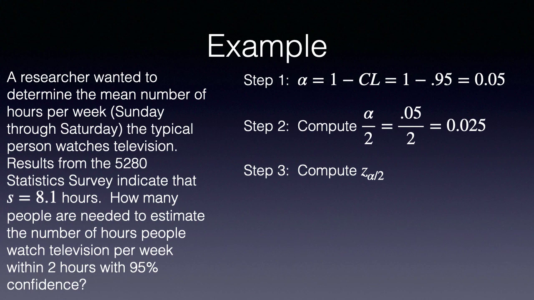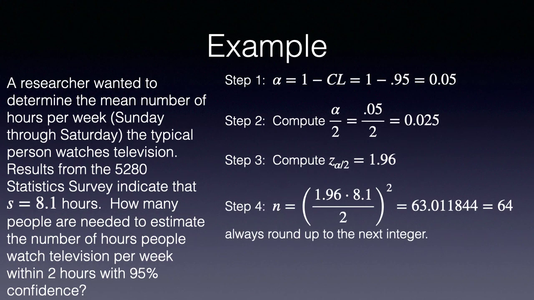And now to compute z sub alpha over 2, I'm just going to use the fact that we discussed previously, and it's in your book, and it's well known that for 95% confidence, z alpha over 2 is equal to 1.96, because this is one of our familiar confidence levels. Now, taking that information and plugging it in, we end up with a sample size of 64.